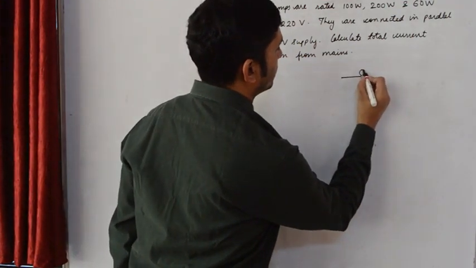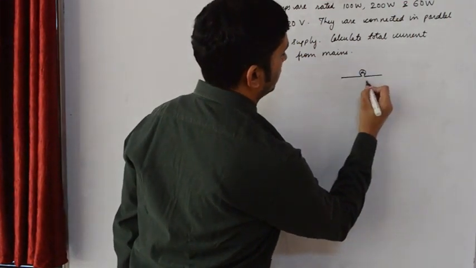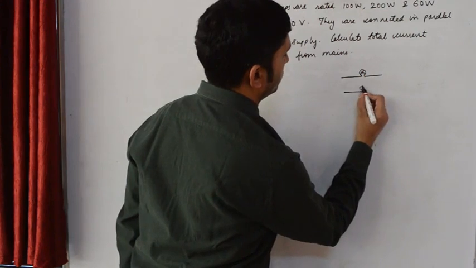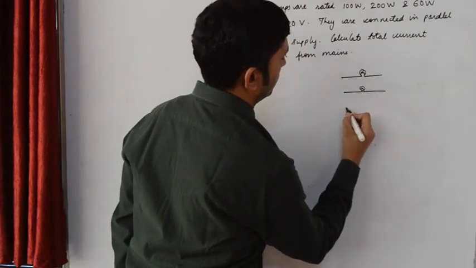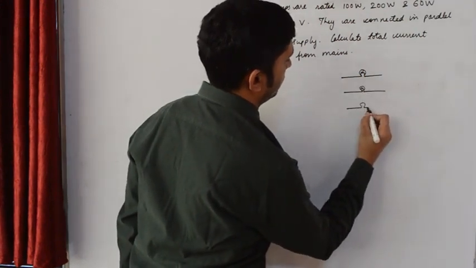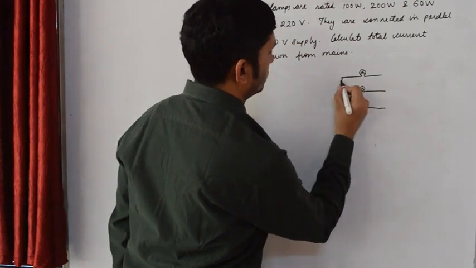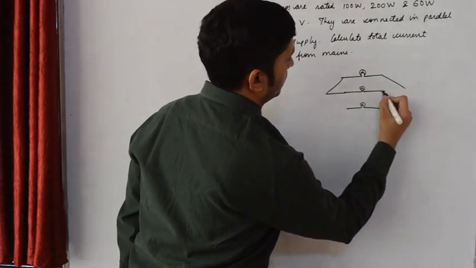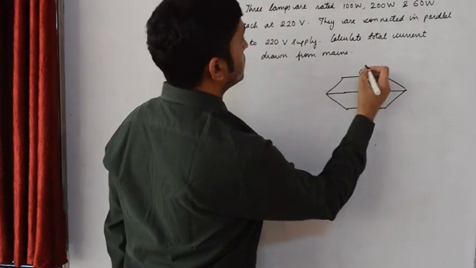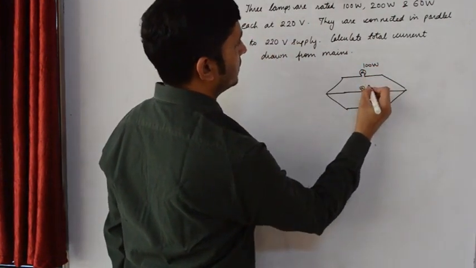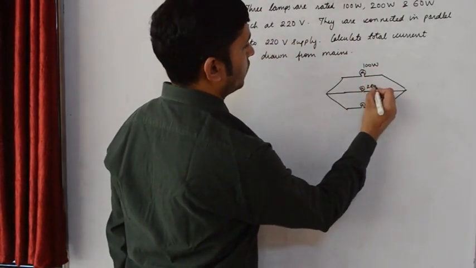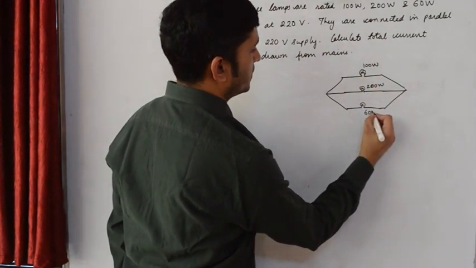Suppose we have here three lamps. This is of 100 watt, this is of 200 watt, and this is of 60 watt.